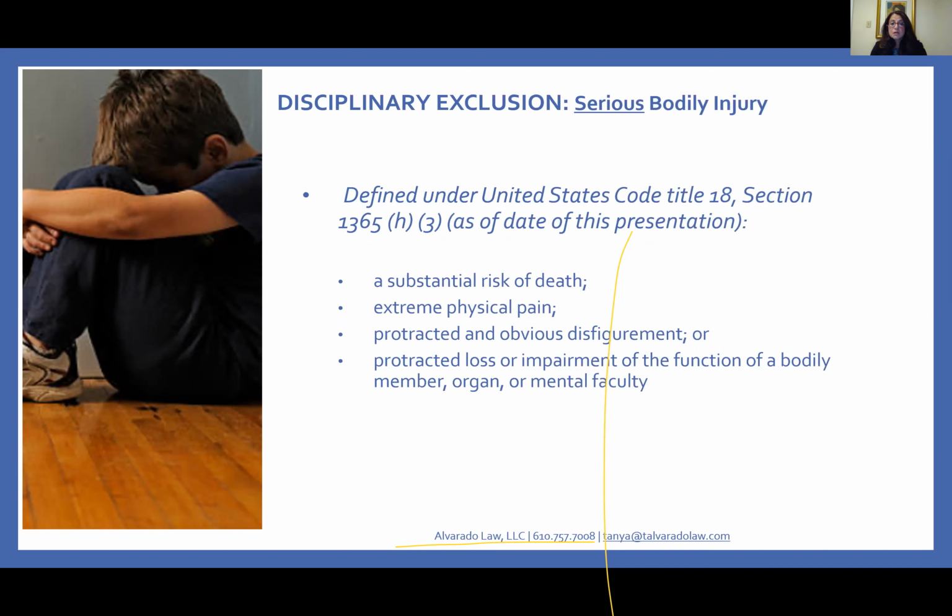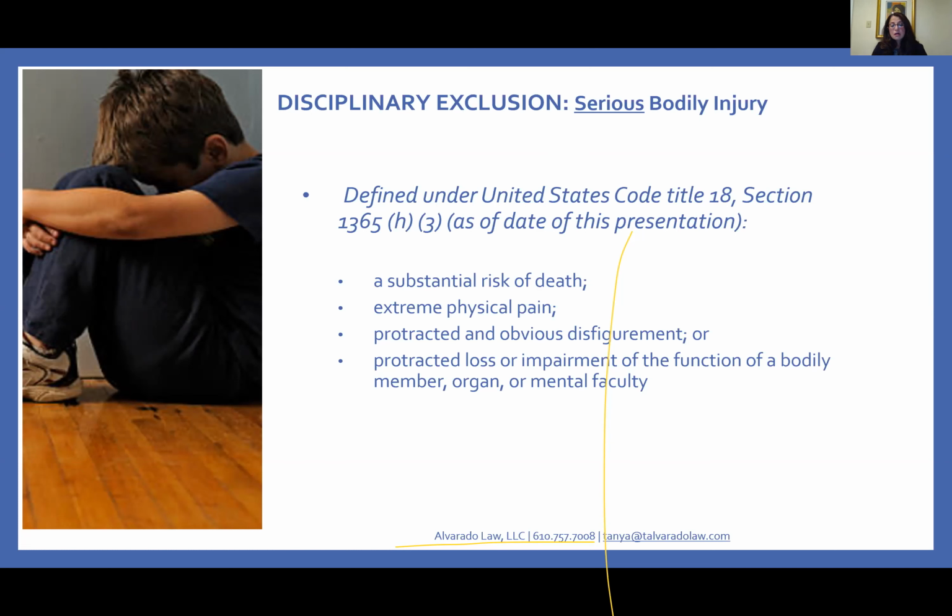So we're looking at a substantial risk of death, extreme physical pain, a protracted and obvious disfigurement, or protracted loss or impairment of a function of a body member, organ, or mental faculty. We're talking about significant things here.